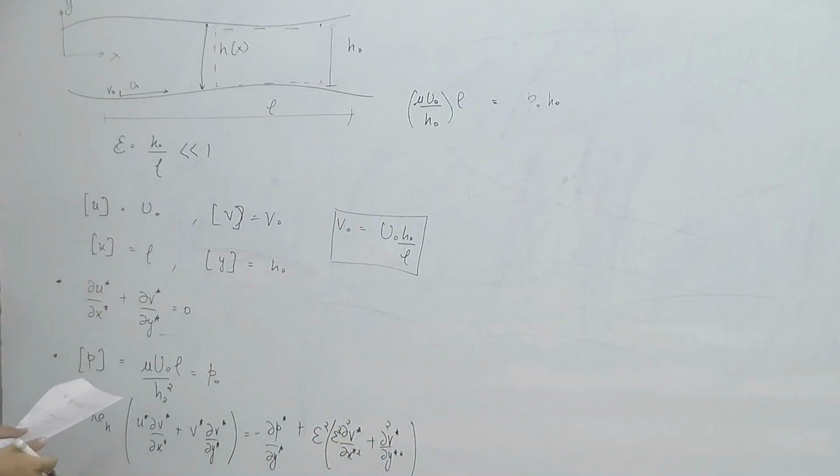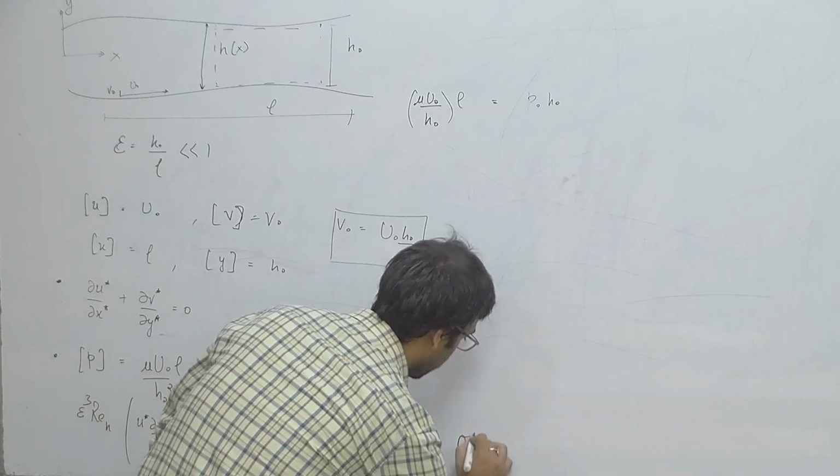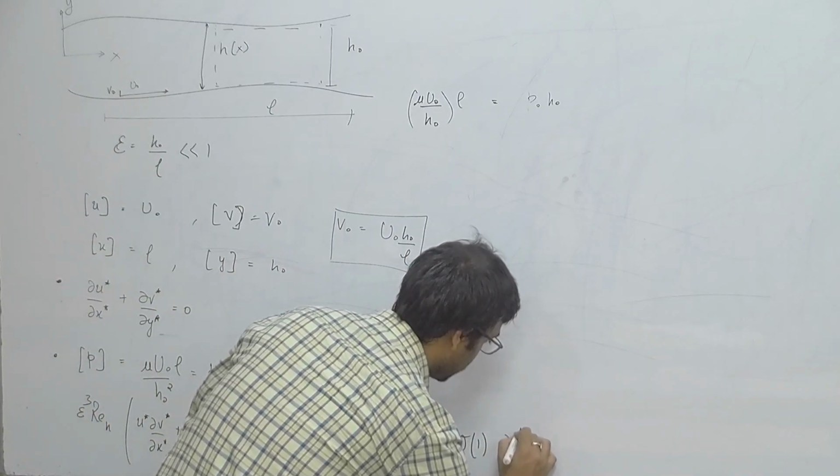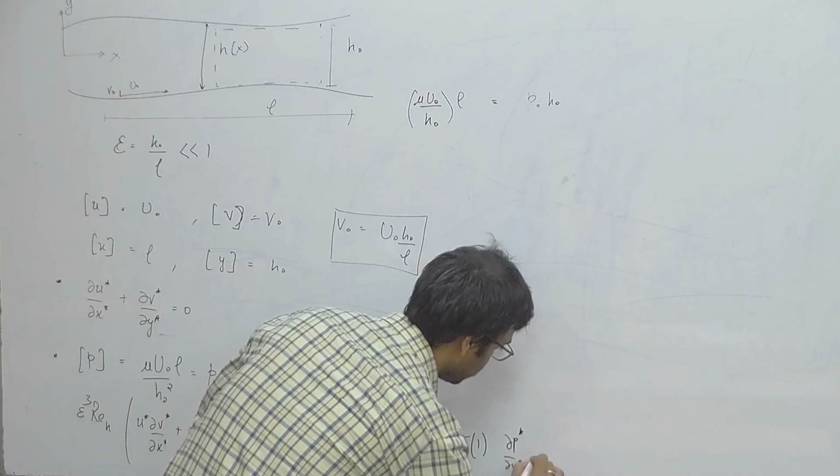From here we concluded that at order 1, any term which is not multiplied by epsilon, we said that at order 1 del p star over del y star is 0.